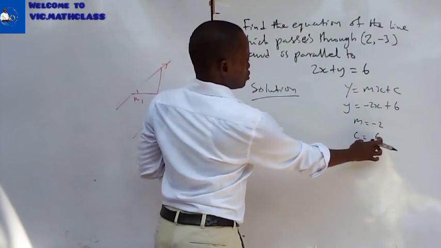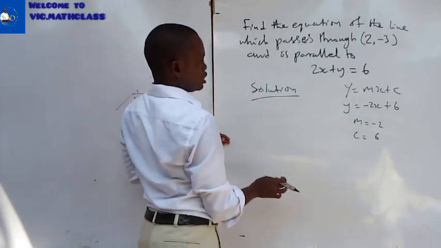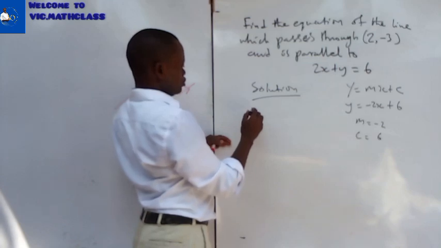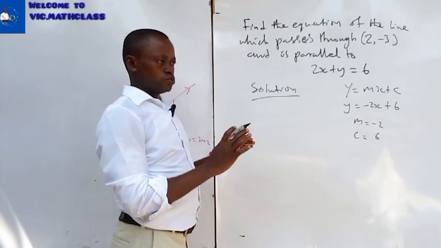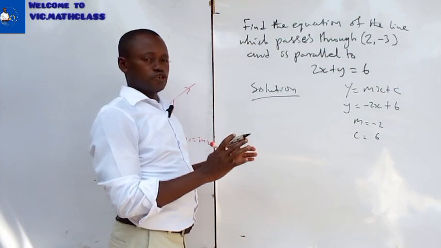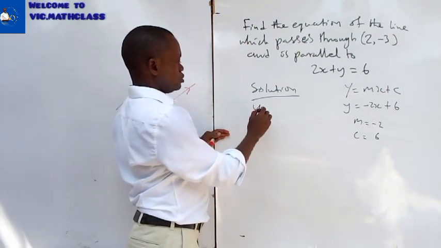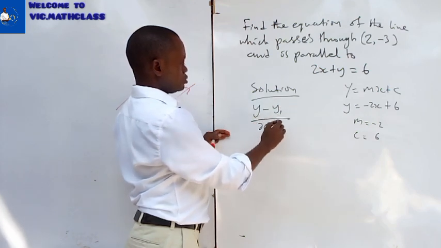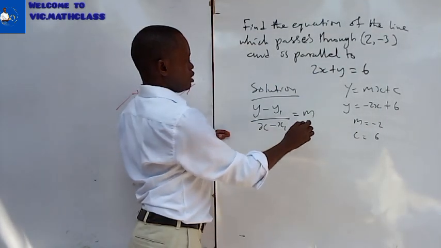We are not concerned with the intercept. We are concerning our calculation on that gradient. So I can come back and deploy the expression used in finding the equation of a straight line: the increment in y over the increment in x, which gives us the gradient m.